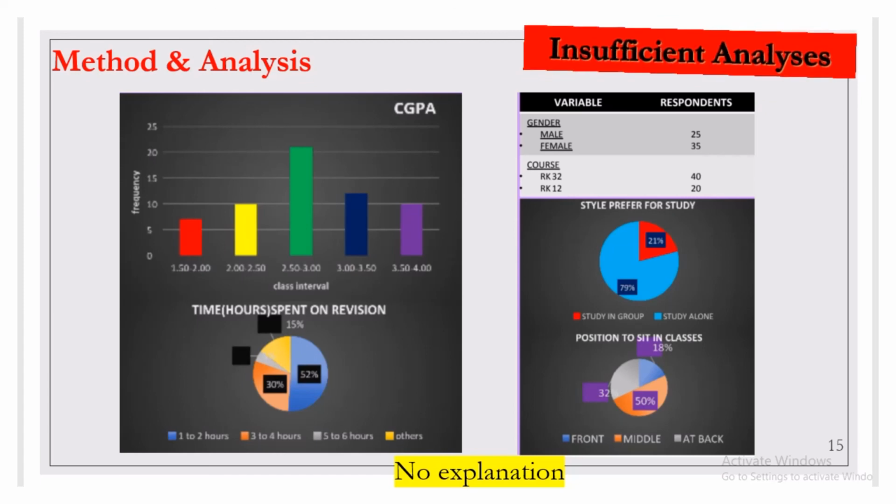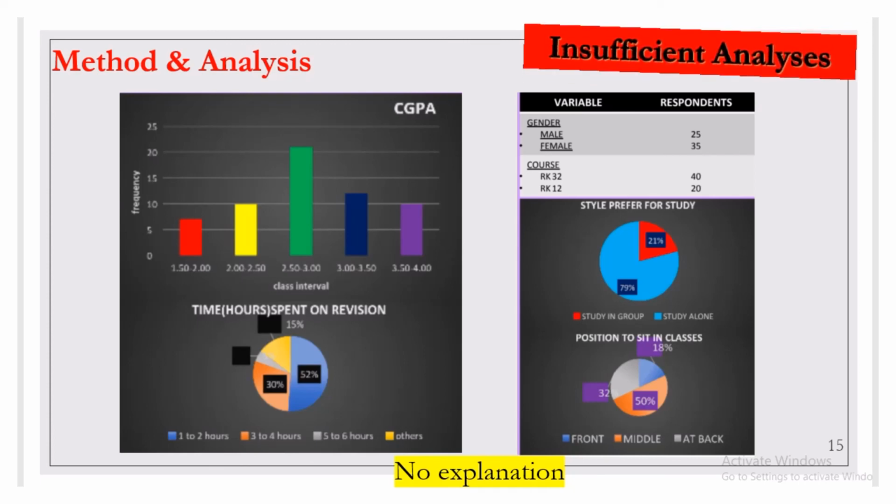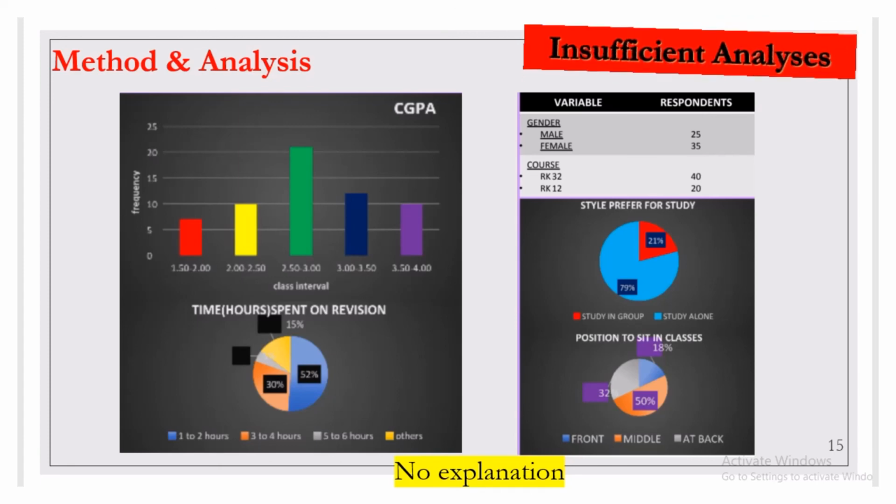Another example of a project report with insufficient method and analysis has the same problems. In fact, some of the graphical analyses are unclear with missing labels, so please avoid this kind of report.